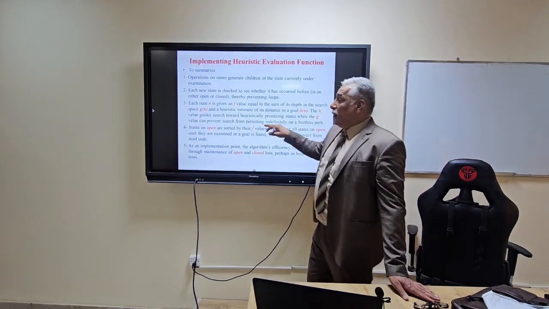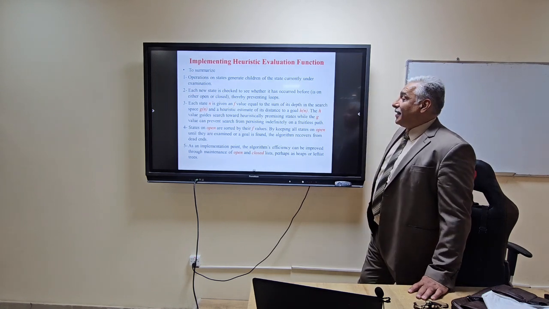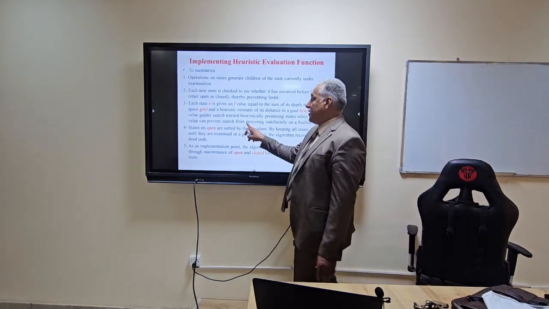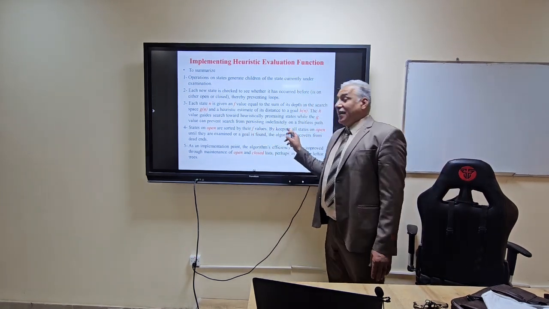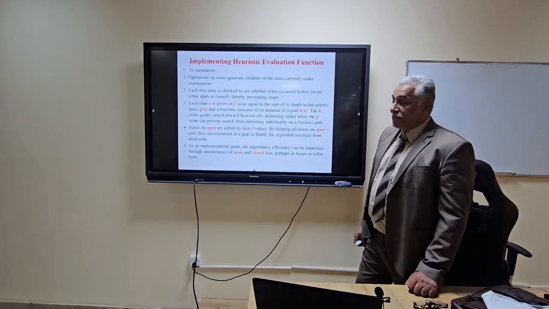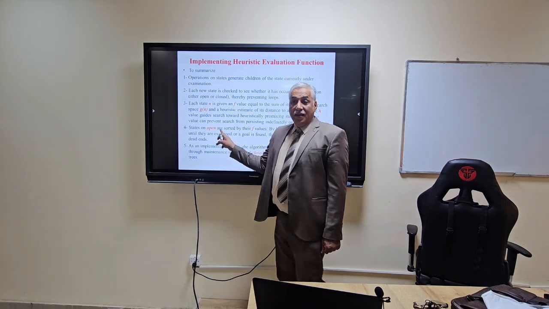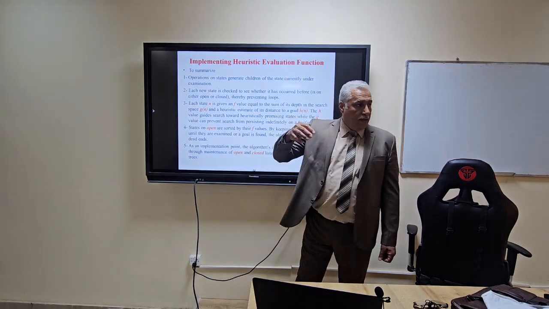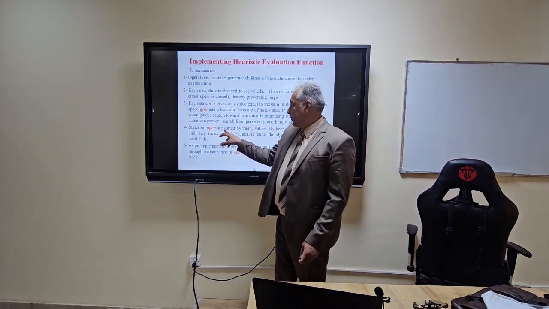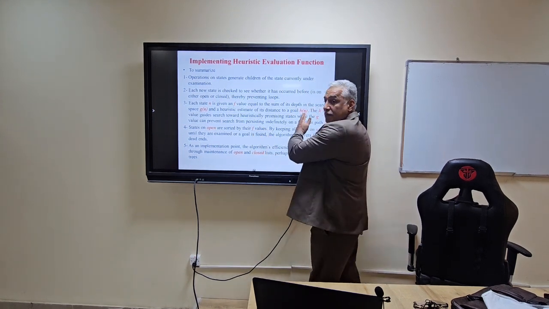The h value guides search toward heuristically promising states, while the g value can prevent search from persisting indefinitely on a fruitless path. The nodes in the open list are sorted by the f value.